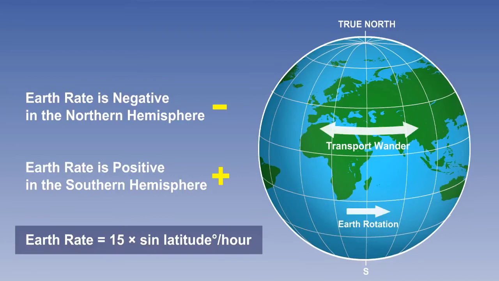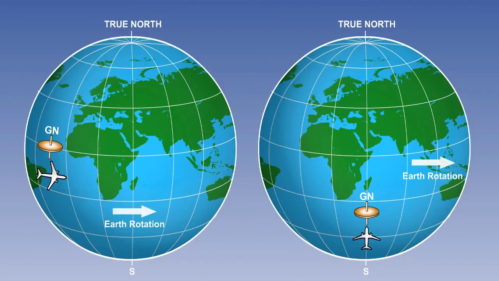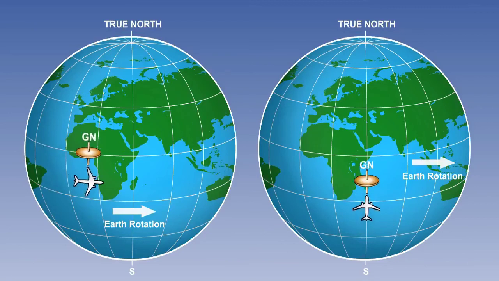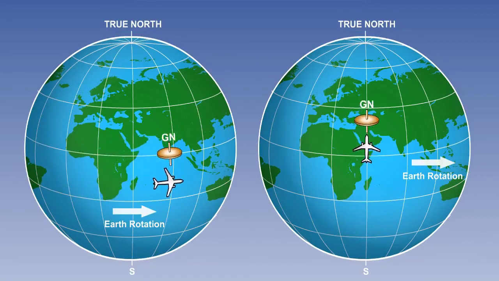Note that transport wander occurs when the gyro is transported in an easterly or westerly direction across the Earth at latitudes other than the equator. At the equator, transport wander will be 0. It will also not occur on flights along a north-south meridian.